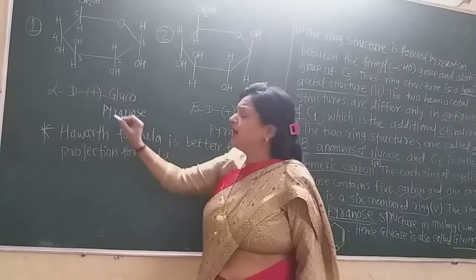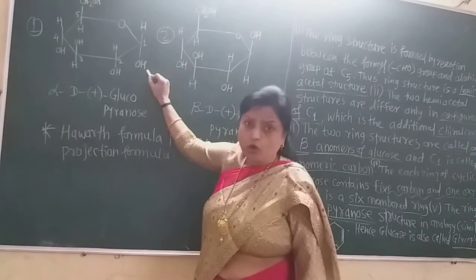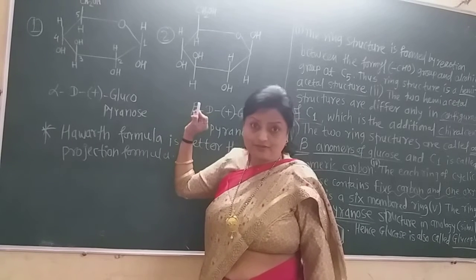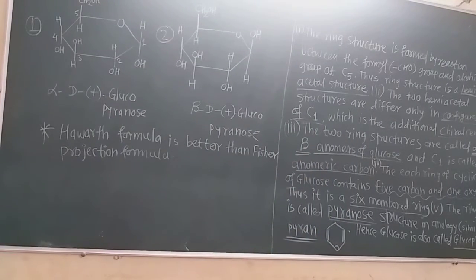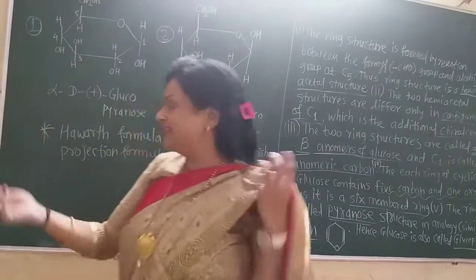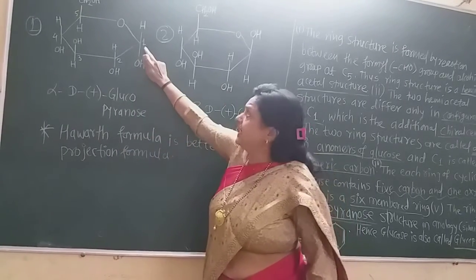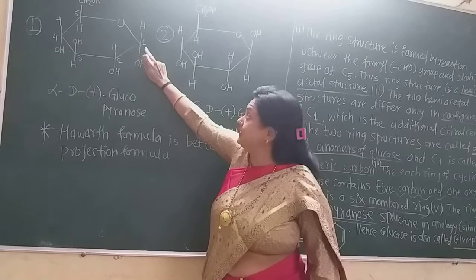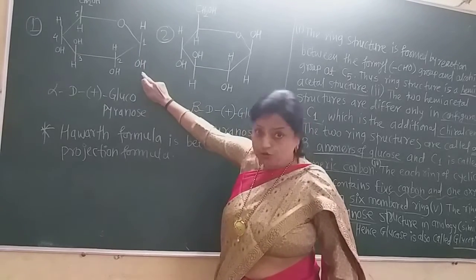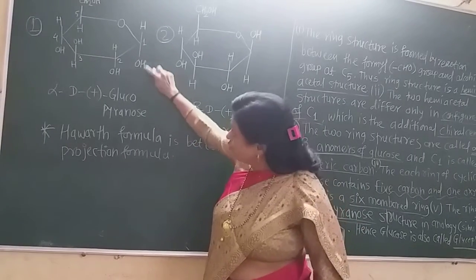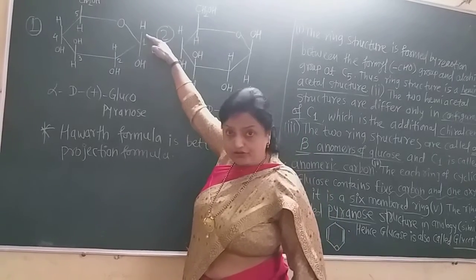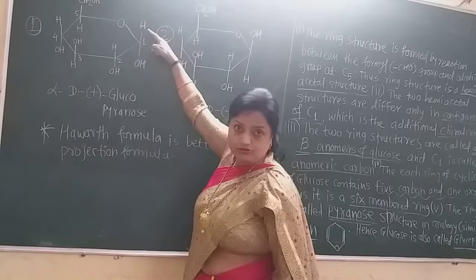Now see, in alpha D glucopyranose, the OH group is on the right hand side. Yes, in the alpha form the OH group is on the right hand side. I will tell you that at the C1 carbon the OH group is on the right hand side in the Fischer projection formula. So I show this OH group on the lower side, and the hydrogen is on the left hand side of the C1 carbon, so it is on the upper side.